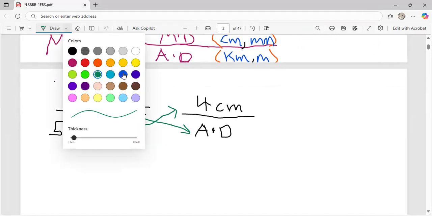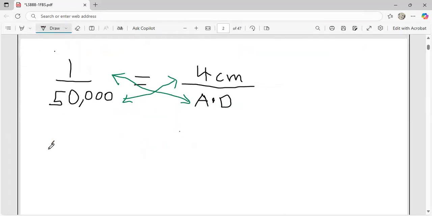So from here, we can now say that our actual distance will multiply 1. So our actual distance times 1 is equal to 4 centimeters times 50,000.